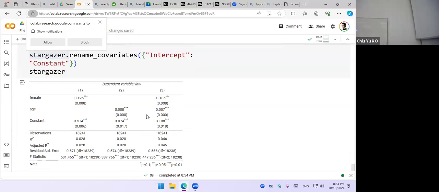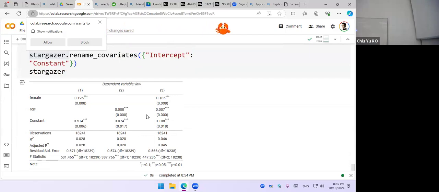So you can see they all are 3 stars. So it's good. Everything is nice, so there's no problem. Again, from the data, we know women earn 20% less. And as you get older, you get almost 1% increment for each year.